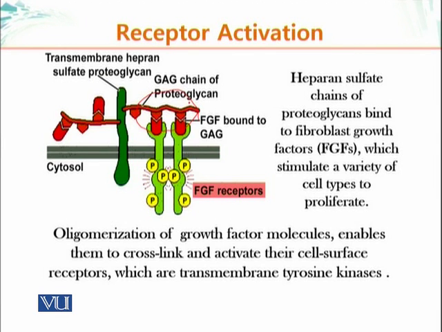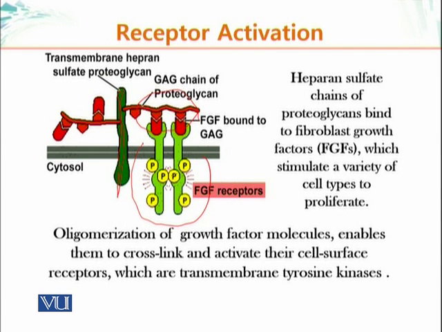Also, since this core protein, which is a transmembrane protein, will have more than one GAG chain, these GAG chains can attach to FGF at more than one location. This also helps the receptors to come close together. So they enable growth factors and receptors to come together, and enable them to cross-phosphorylate each other.